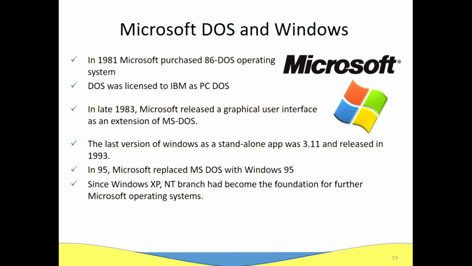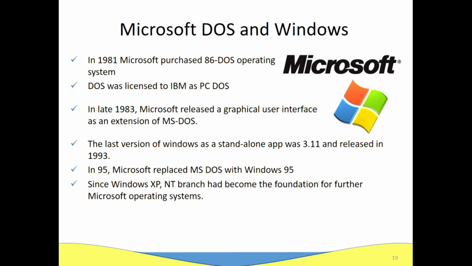Windows NT was not the first operating system developed by Microsoft. As was discussed earlier, the success of Microsoft is associated with the disk operating system, DOS for short. In 1981, Microsoft purchased the 86-DOS operating system, initially known as QDOS for Quick and Dirty Operating System, and continued developing it as its own Microsoft product.